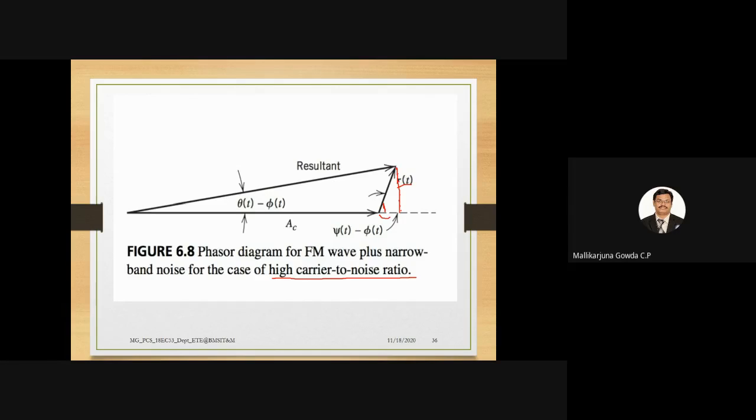Please have a note of this. By projecting this, we can write based on that diagram.